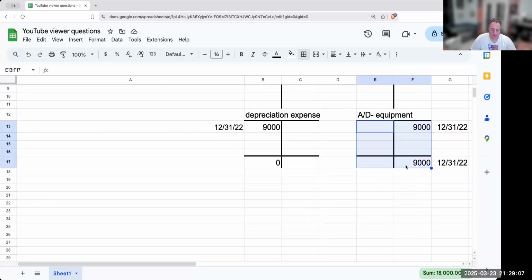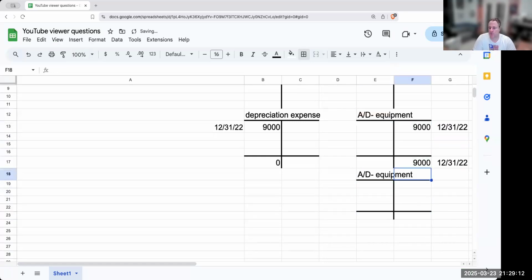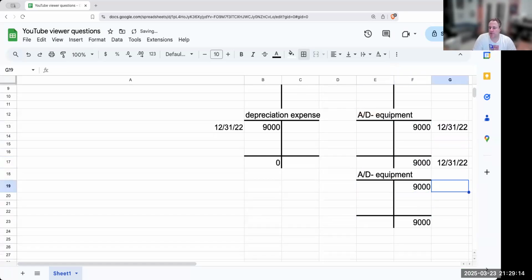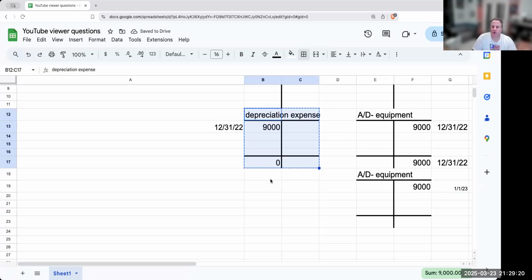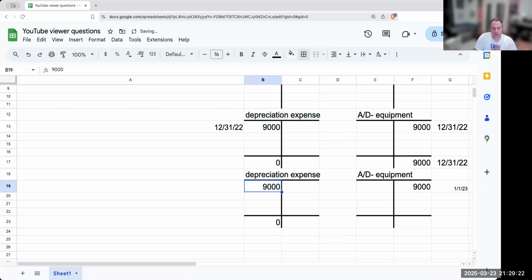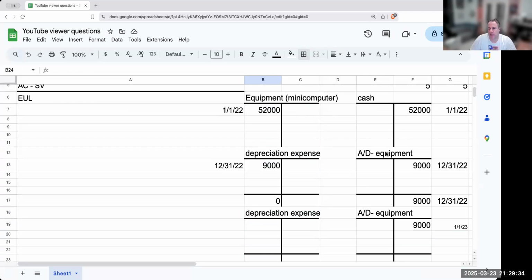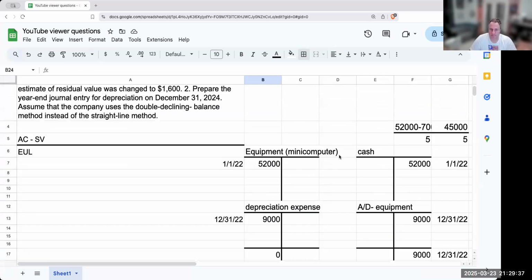So I come over here to accumulated depreciation on equipment. My balance as of 1/1/23 is the ending balance from the prior period. The depreciation expense gets zeroed out to retained earnings. Remember, expenses, revenues, and dividends tell us what they were for a period of time. This is where we are accumulating the depreciation on that equipment.